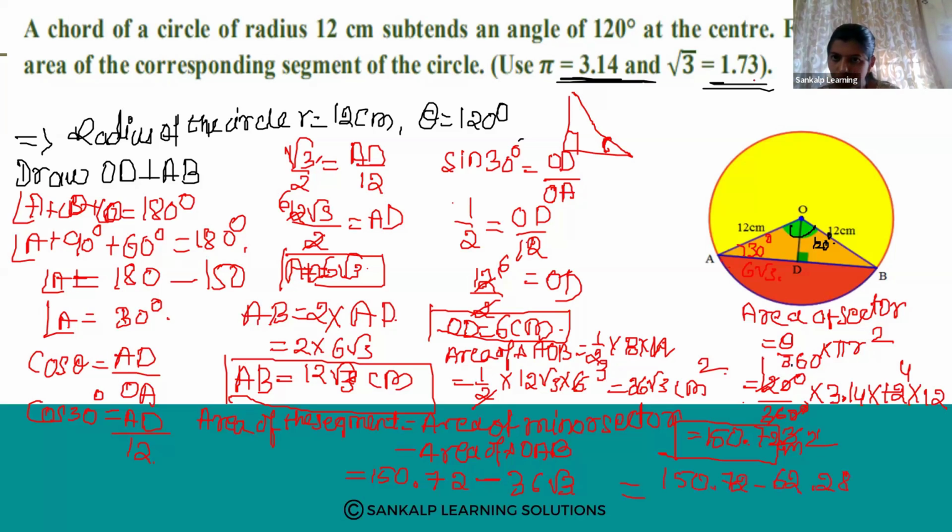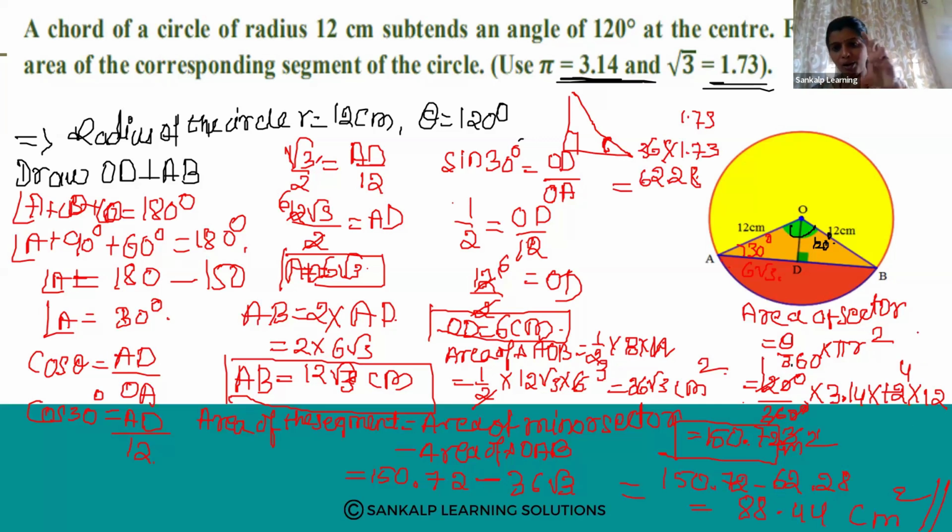Why? Because root 3 value they have given is 1.73. That means 36 into 1.73, you will get 62.28. Okay, this is the area of the triangle OAB. Now, 150.72 minus 62.28 is 88.44 centimeter square. This is the area of the segment.